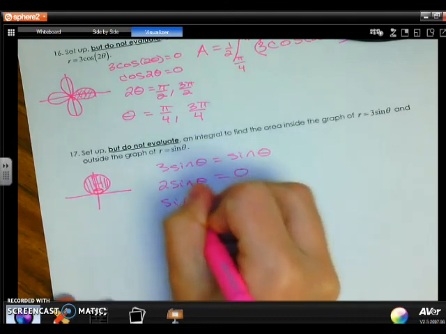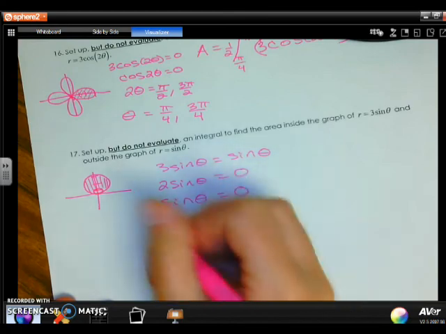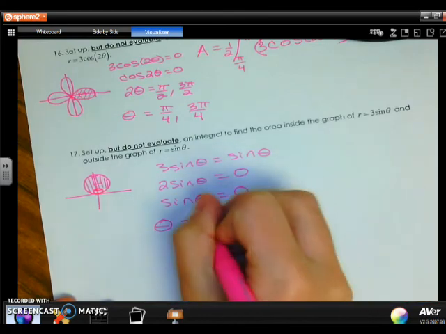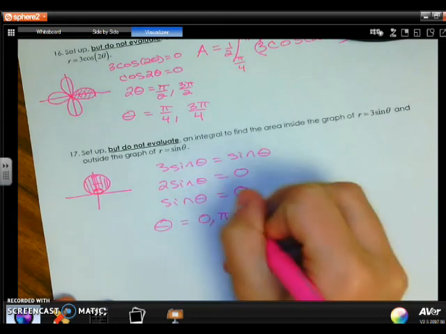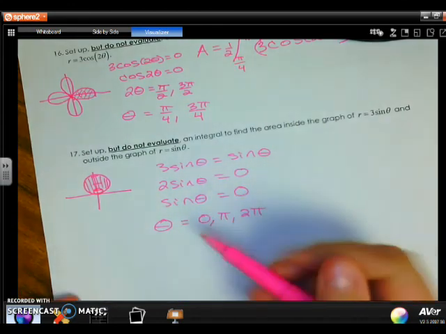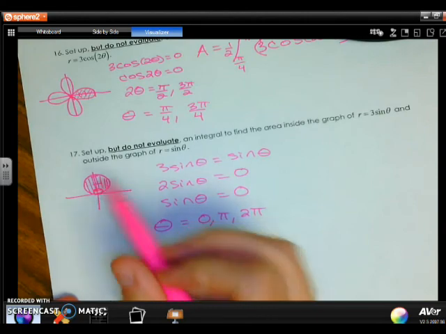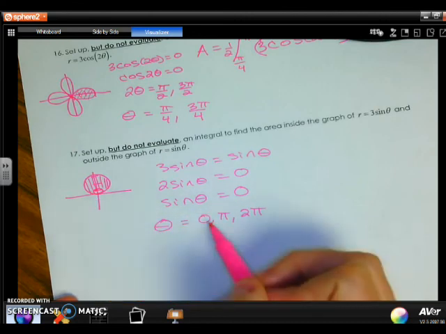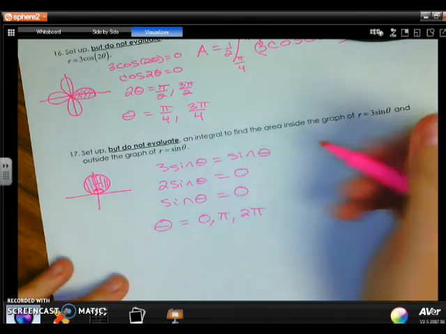Divide both sides by 2, still 0. Well, sine theta equals 0 at 0, pi, 2 pi. If you actually watch it graph, that'll help. It's going to equal that, and then it'll hit it again once you get to pi. That's really what I want.